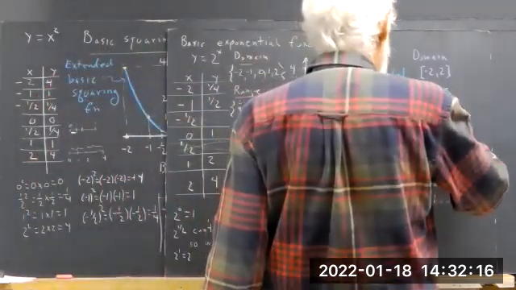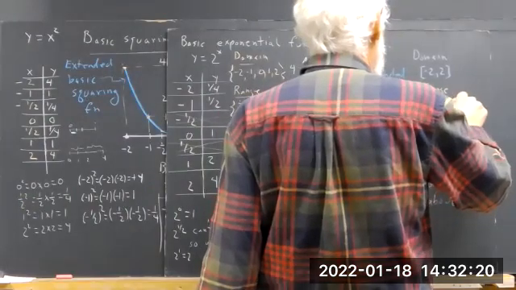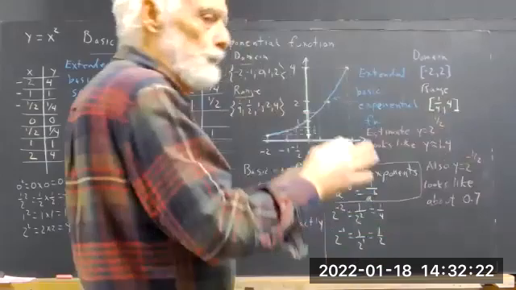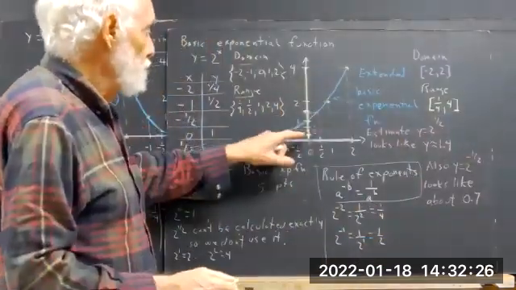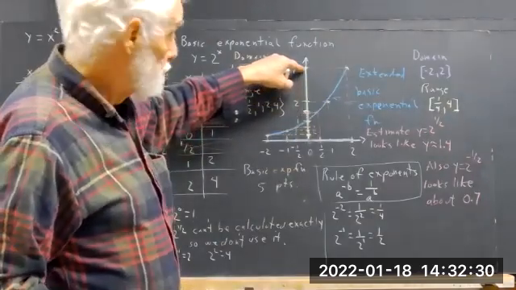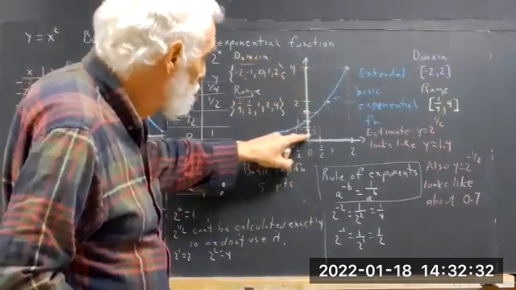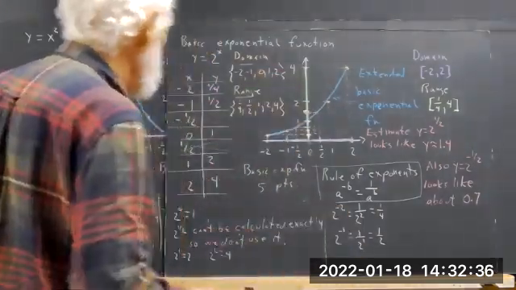The range is then the closed interval 1/4 to 4. Closed interval means you have brackets instead of parentheses. The bracket means you're including this point and including this point. If it was parentheses, it would go just up to this point and just up to this point, but would not include those points.